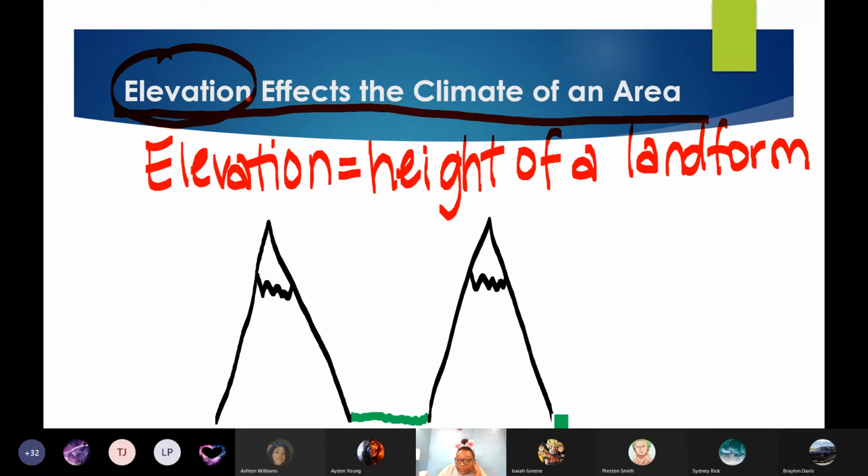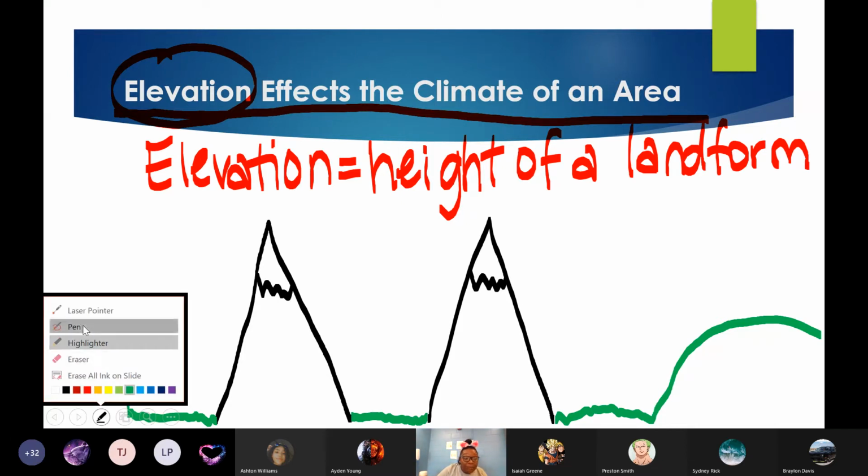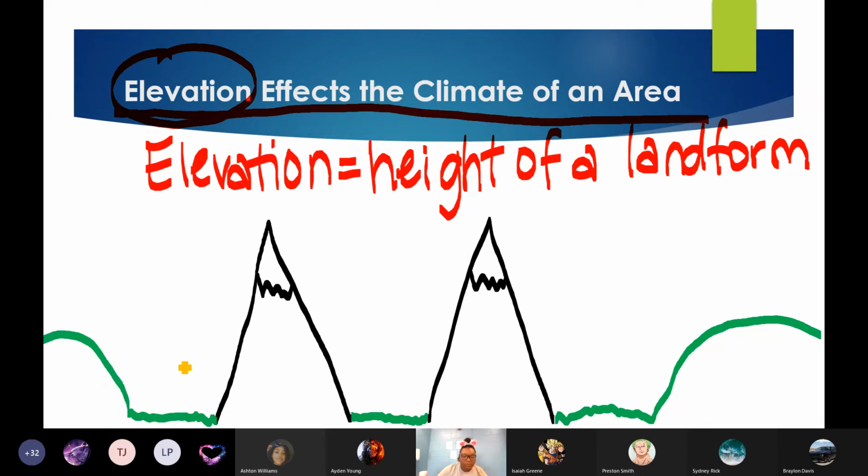This is called a valley. I'm going to have a hill that's forming on either side of these mountains. And let's talk about the differences in elevation here.